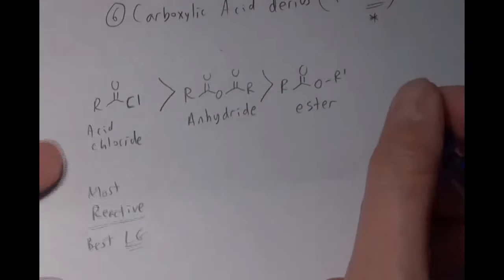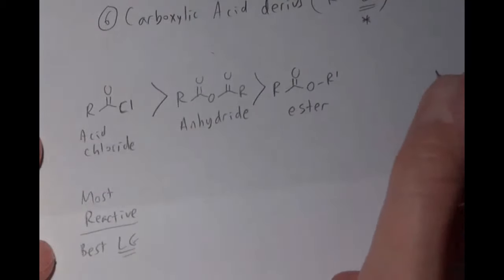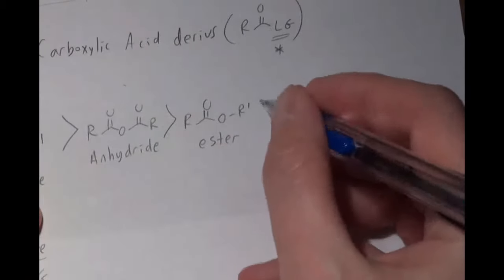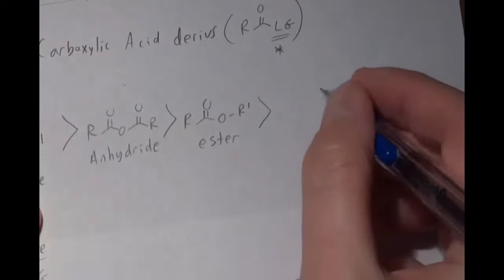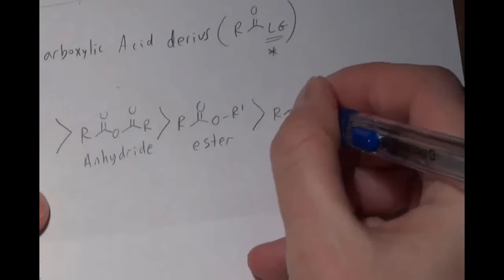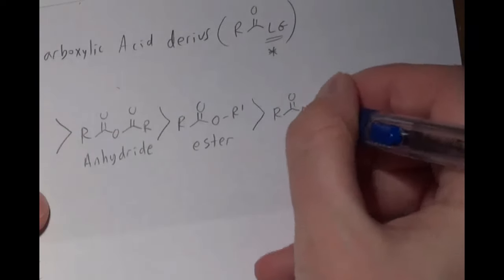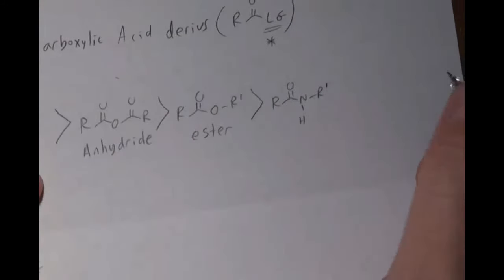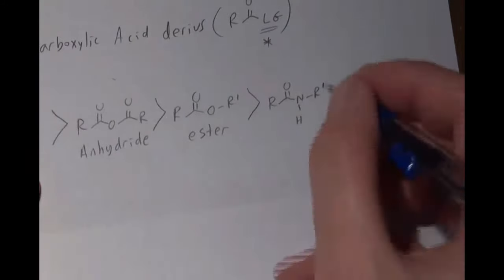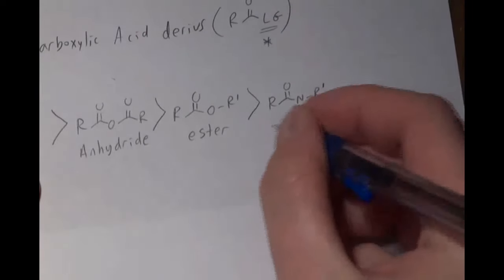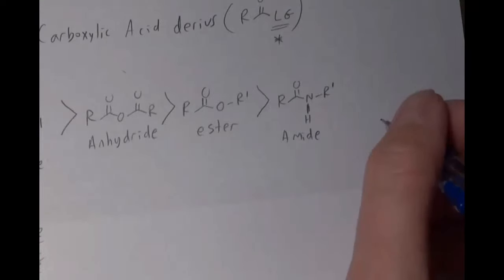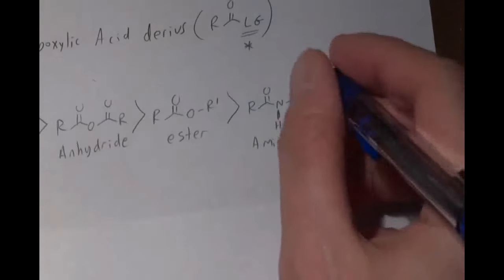Okay. All right. So yes, that's what an ester is, right? Okay. What's the next one? And I'll zoom out and show all of them in a second. Next one is kind of like an ester, but it's got nitrogen in it. It's an amide. Okay, and it's a little less reactive than an ester.